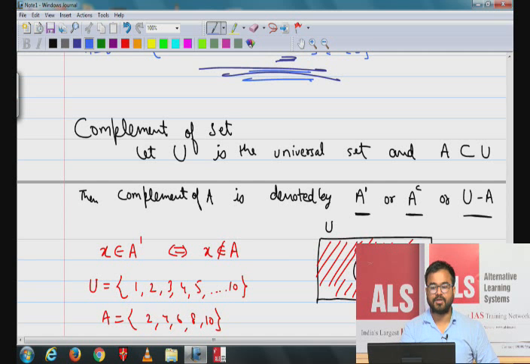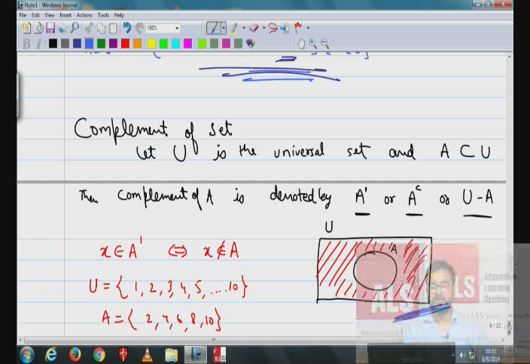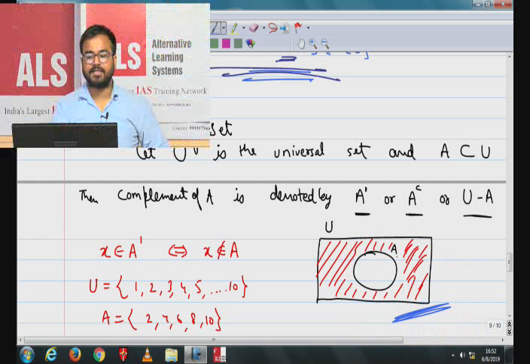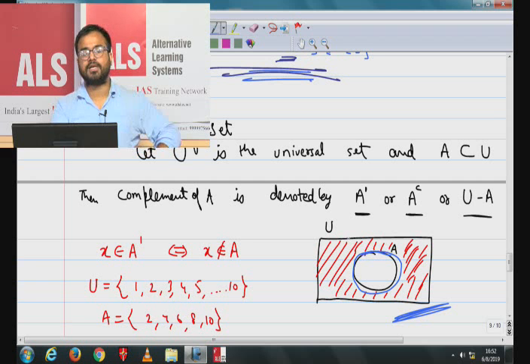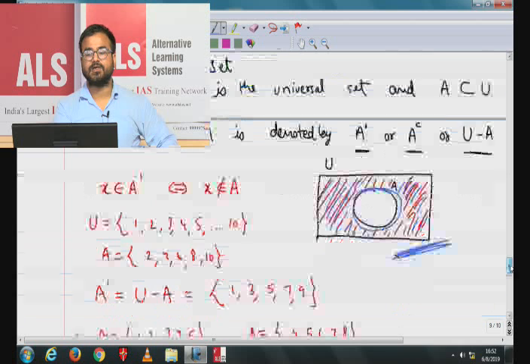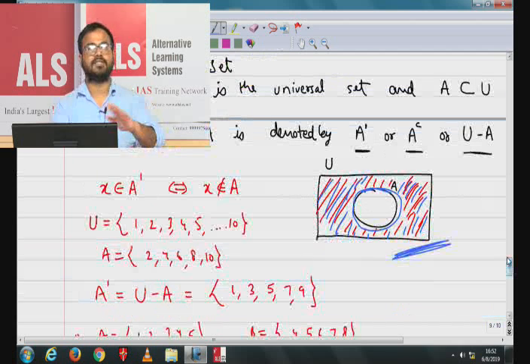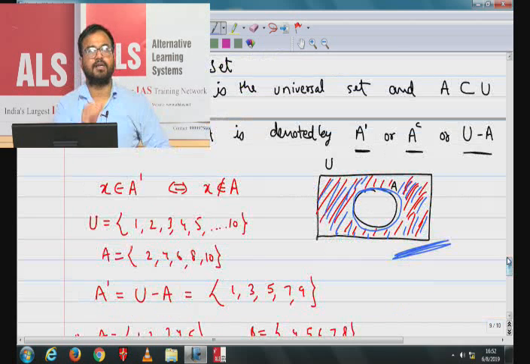Like in the diagram you can see, this is the universal set, and inside that there was set A. So complement of A means all the values which do not belong to A. All the values outside A, that is known as the complement of A. So basically from the total, whatever is the universal set, just subtract that particular set, the answer will be the complement of that one, or which does not belong to that one.